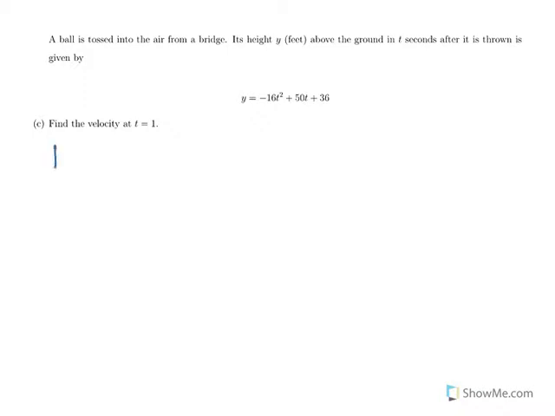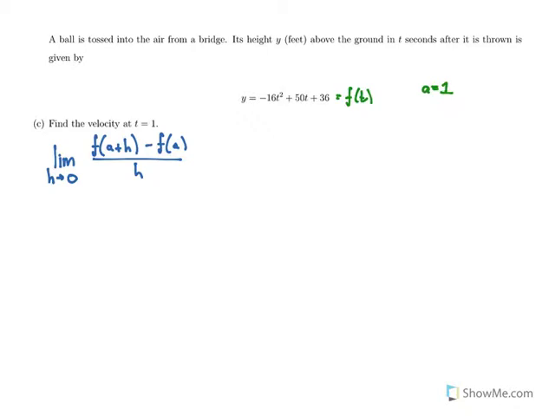So this is going to be the limit as h approaches 0 of f of a plus h minus f of a over h. And just note that this is our function, f of t. We have a is going to be the value of 1. That's what we're looking for.